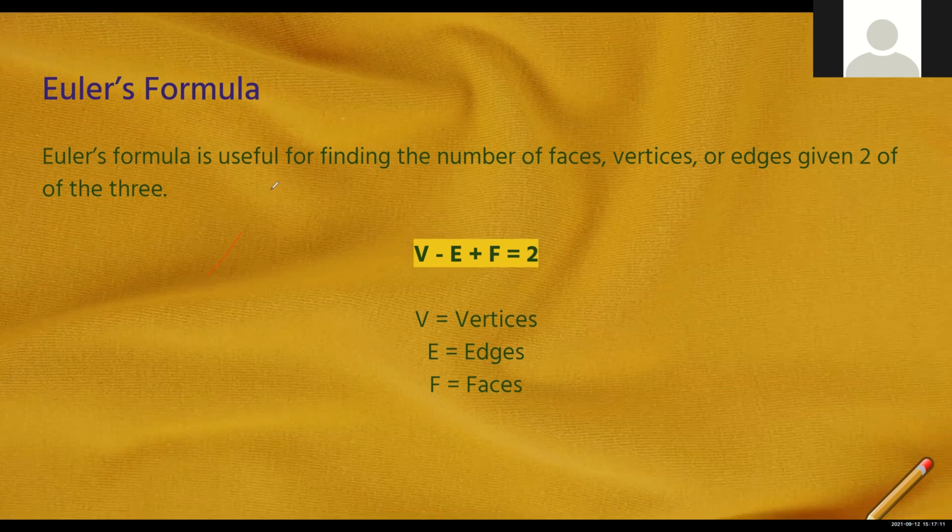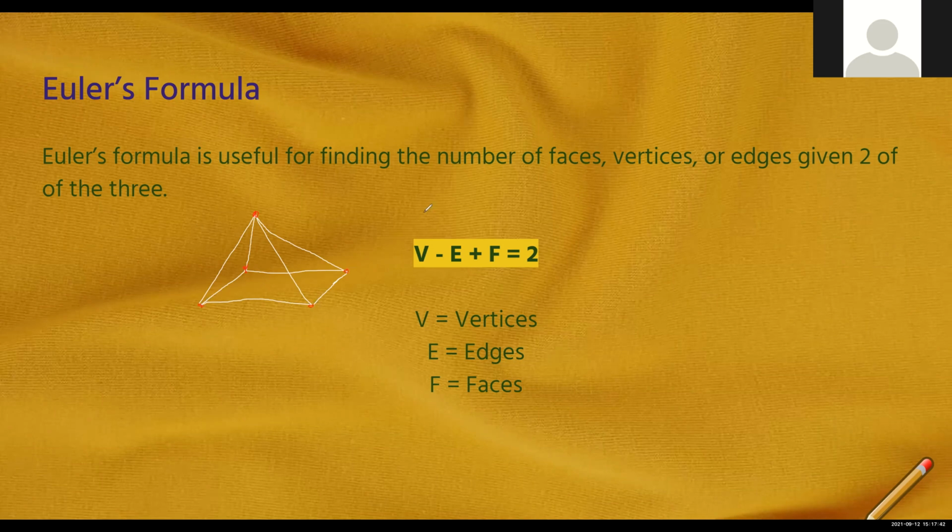Okay, so let's take the example of a square pyramid, just to demonstrate this. Then we'd get something that looked like this. We'd count the number of vertices. In red, 1, 2, 3, 4, 5.